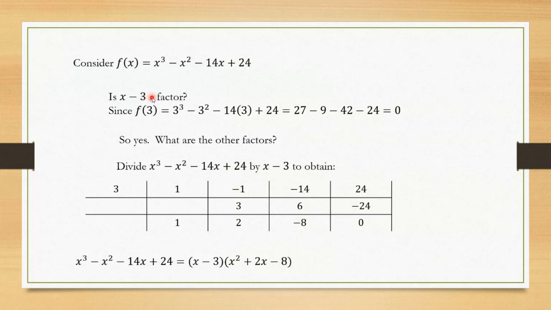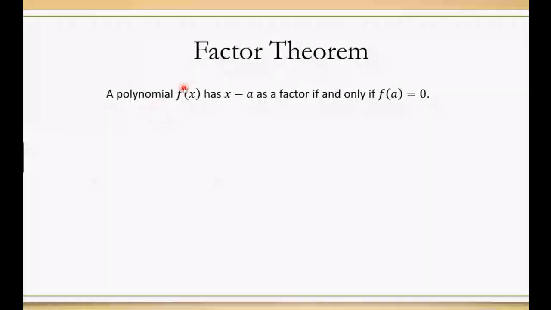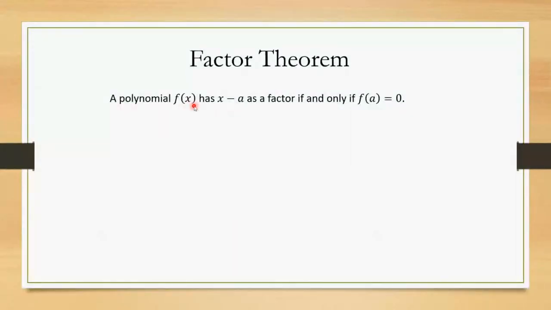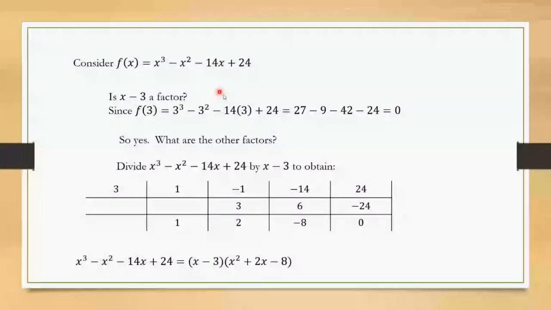First, we can actually determine the remainder even without dividing. We can use that factor theorem. Namely, is x minus 3 a factor of this? Well, let's see what f of 3 is. By the factor theorem, this is a factor of f if and only if f of a is 0. A in this case is 3, and f is this.